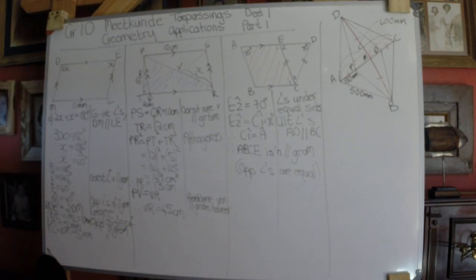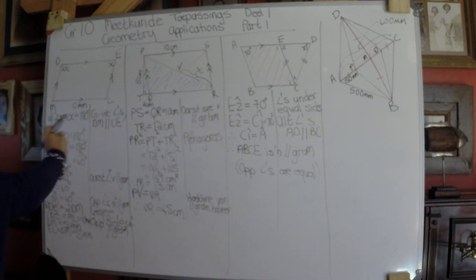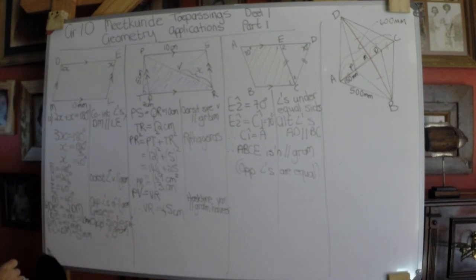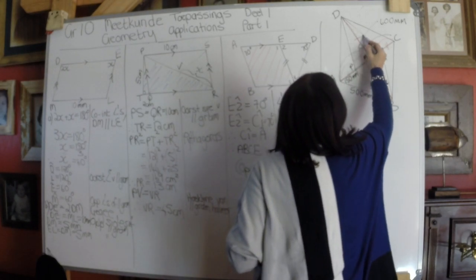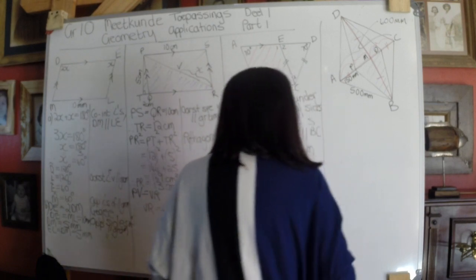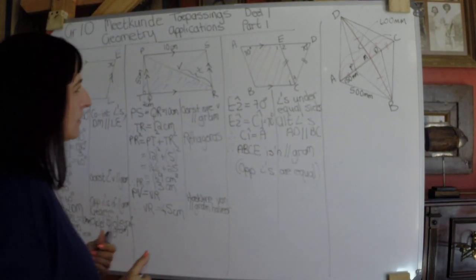Okay, then they also say, AB is 500 millimeters, en dan sê hulle ja, AP is 150 millimeter, en ons moet bewys dat PBQD 'n parallelogram is. So ons moet gaan bewys dat hierdie ouetjie dan 'n parallelogram is.